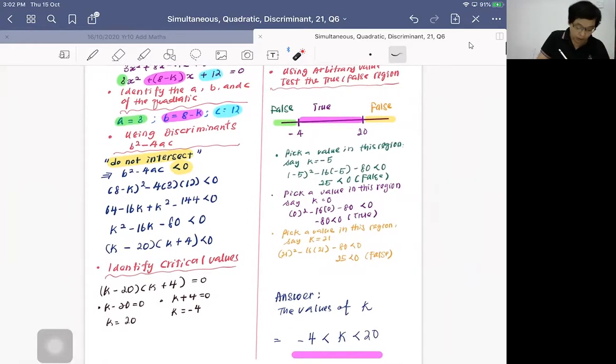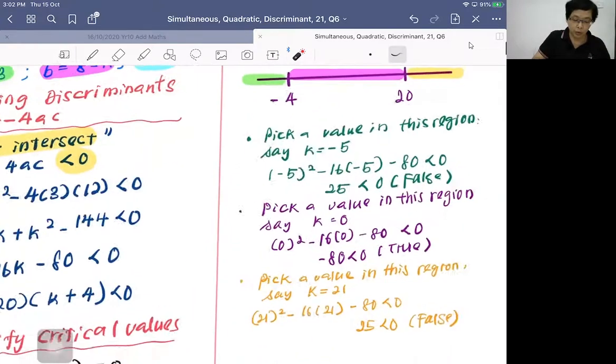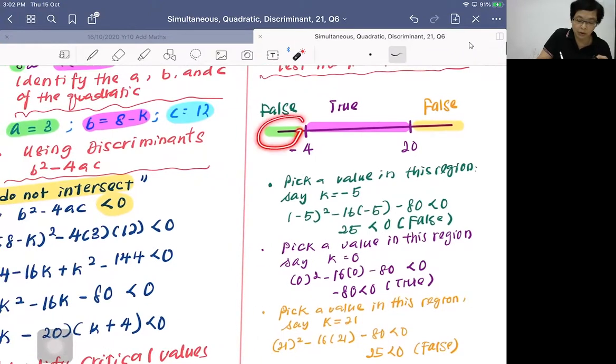How do we use this? From the critical values that you got, you put them on a simple number line. By putting in the critical values, naturally 3 regions emerge.